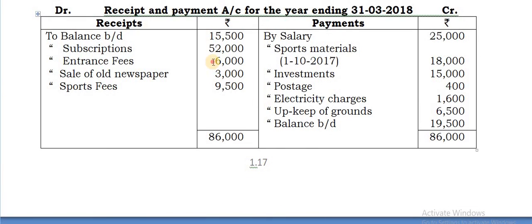Therefore, this half amount you take on the credit side of the income and expenditure account. The remaining half amount will be added to the capital fund in the balance sheet. Then coming to the payment side, salary, then these three items. So totally four items are revenue items and will go to the income and expenditure account debit side. But sports materials, investments and the balance carried on will go to the balance sheet on the asset side.